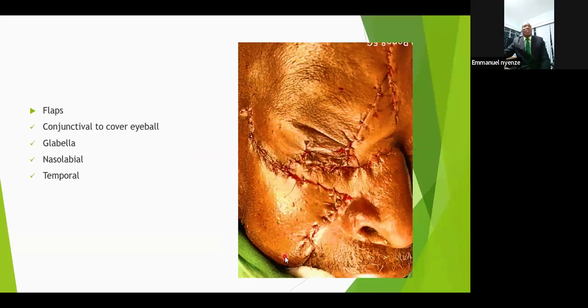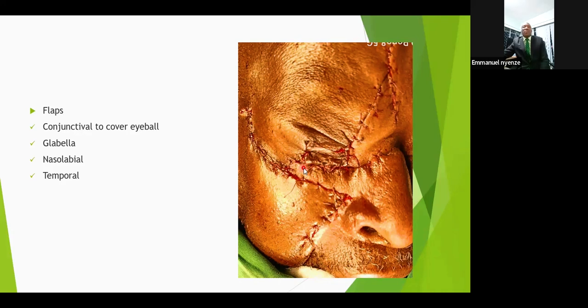So the rest, we had to try and mobilize as many flaps as we could. As I said, we managed to get a small conjunctival flap to cover the eyeball. We managed to get a glabellar flap to come and cover the medial defect. We managed to get a nasolabial flap. The good thing again is this is an old patient. The tissues are loose.